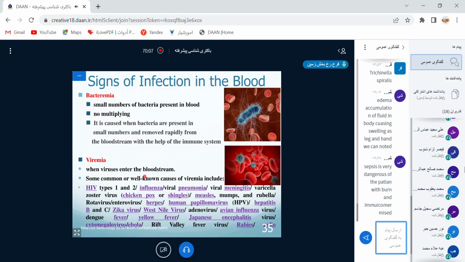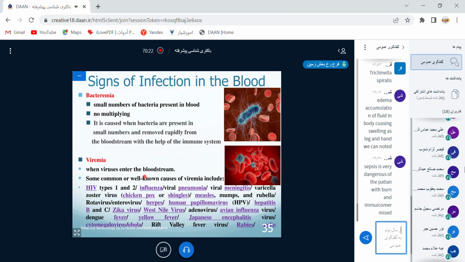Rabies must go to the nervous system. So viremia is the presence of viruses in the blood. Septicemia is the presence of bacteria in the blood.